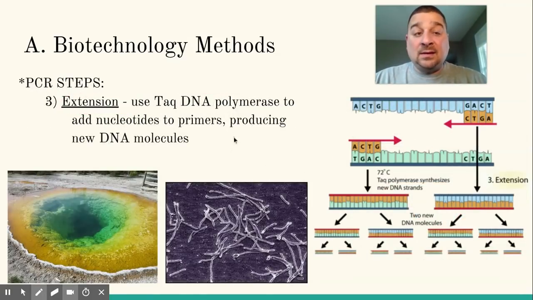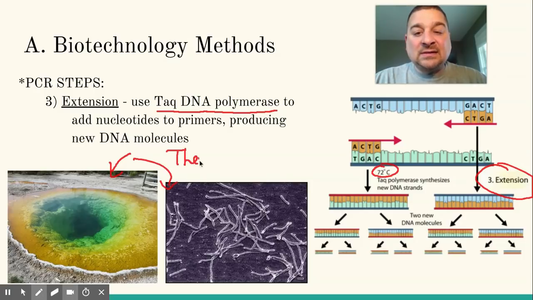And the third step is, once we have the primer laid down, extension, where it's warmed back up again, and we use what's called Taq DNA polymerase. It's a polymerase we actually found in the Yellowstone hot springs, these guys right here, Thermus aquaticus.